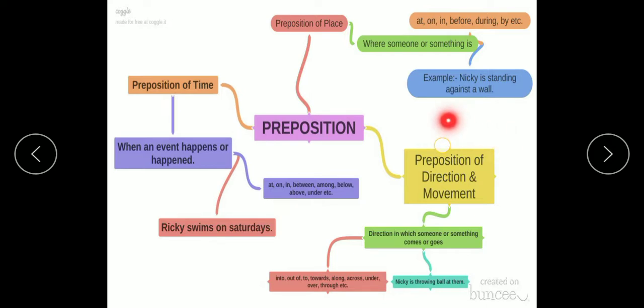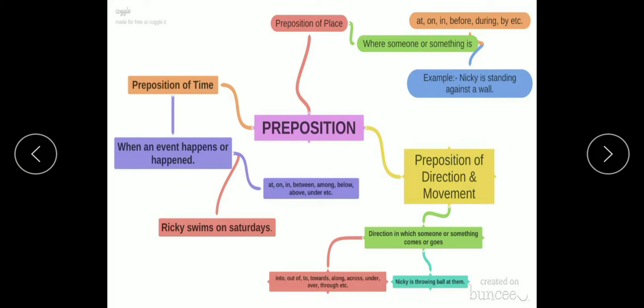Next is preposition of direction and movement. Now direction means in which someone or something comes or goes. That means this preposition will tell us the direction in which someone or something comes or goes. For example, Nikki is throwing ball at them. See the direction, or it can tell the movement also.